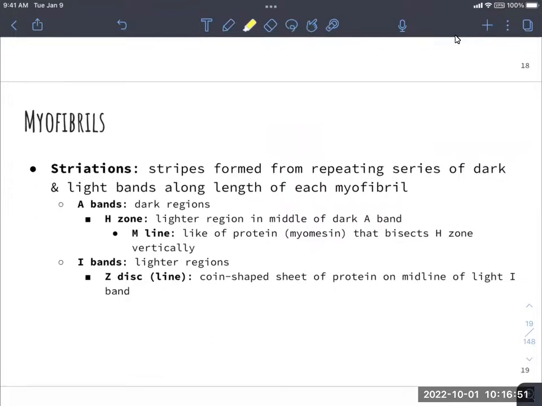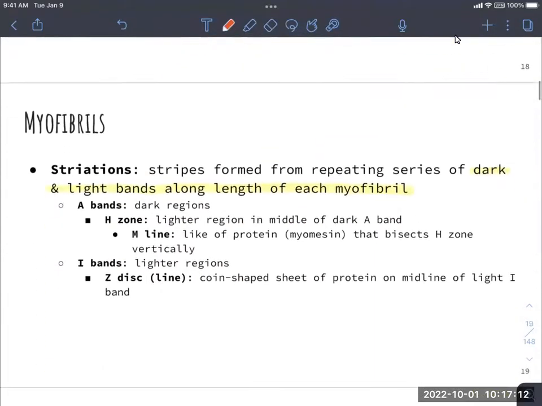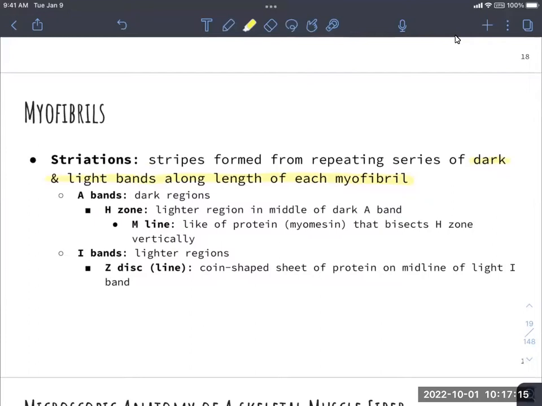So let's look at what those striations are. Again, they are dark and light bands that go along the length of each myofibril, just like that picture showed, the entire length. It's dark bands, light bands, back and forth. Those dark bands are called A bands. Within that dark band, there is an H zone, which is the lighter region in the middle.